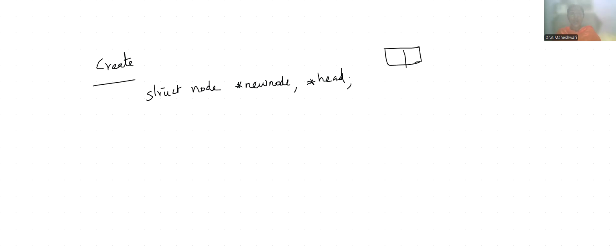Next, you have to allocate space for the new node and your head node. For that I can use dynamic allocation, malloc, sizeof struct node. Okay. So using this I got it like this.